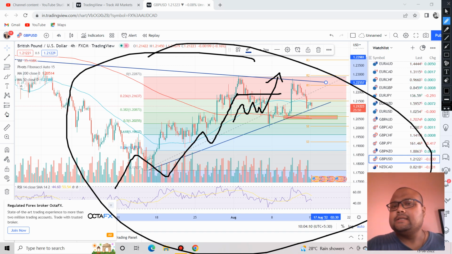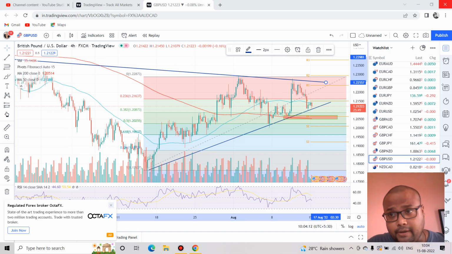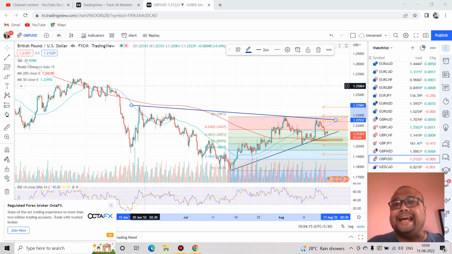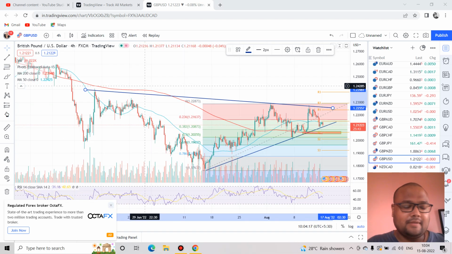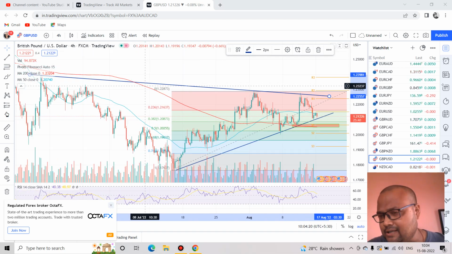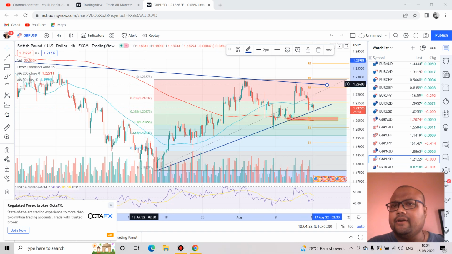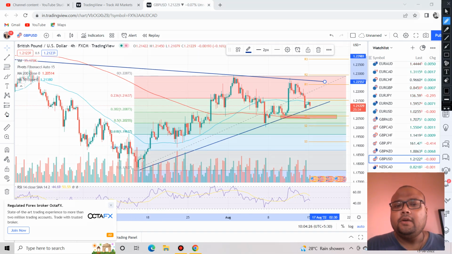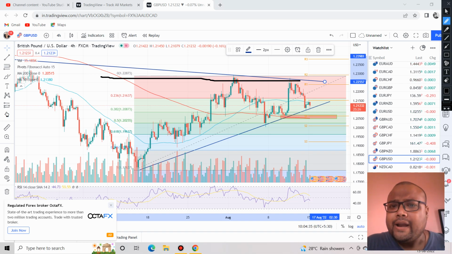But if we consider the overall chart of GBPUSD, it is not at all bullish. GBPUSD's journey has been very rough so far. But right now, we cannot deny that GBPUSD is trying to recover, and we have an ascending triangle pattern where we have a resistance at the top, and whenever the market is coming down, it is not breaking the previous lows.